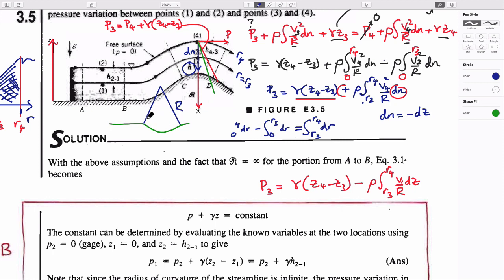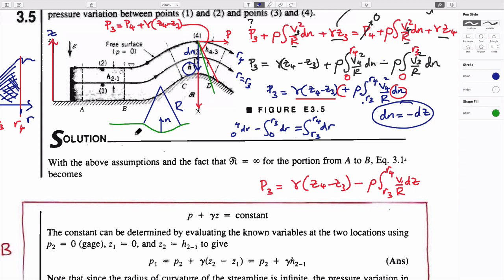The direction of the normal would be in this direction, and the direction of z is in the same direction. So this term is the opposite of this, and this sign convention would change. So this would be a plus instead of a minus.